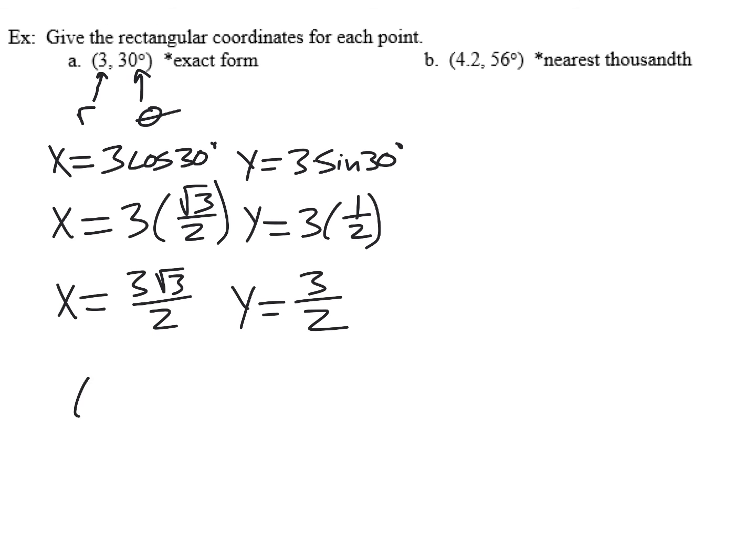That can just be 3 over 2. There's X. There's Y. And we have it converted over to what we would call rectangular coordinates. Here's your X. Here's your Y.